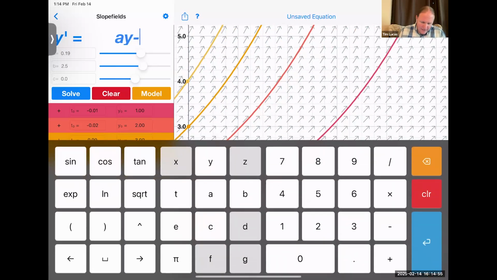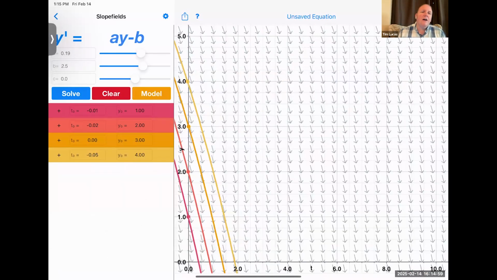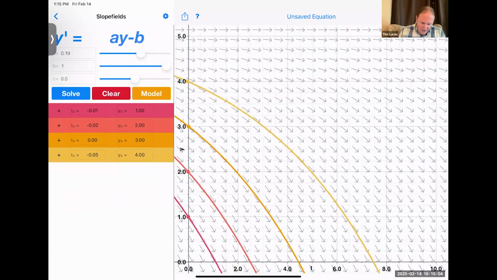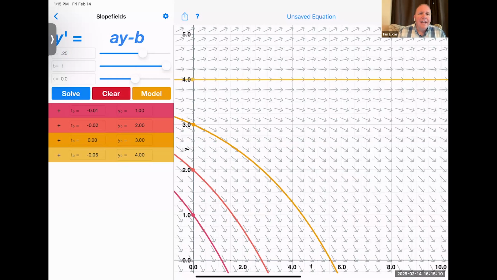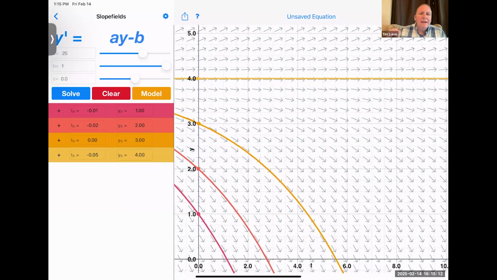But then something that's fun is that we can introduce a new constant. We'll call it B, and that could be our trapping rate for our crayfish population. I'm going to make this smaller so you can see it. Maybe make this 0.25. So it's on the screen. Now we make the same observations, like what's going on with the arrows.